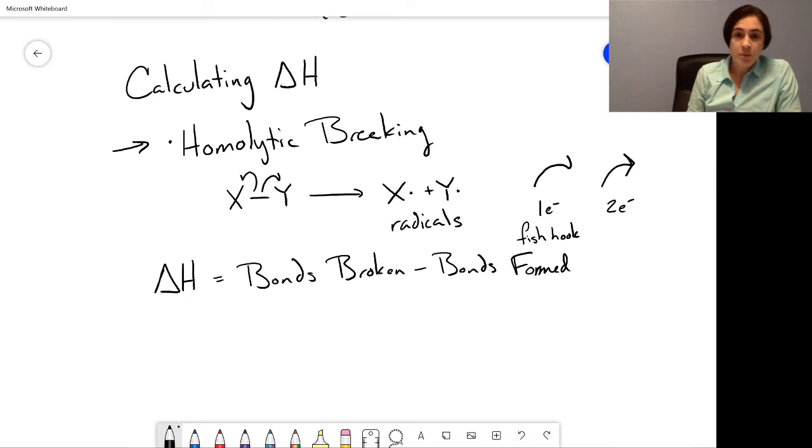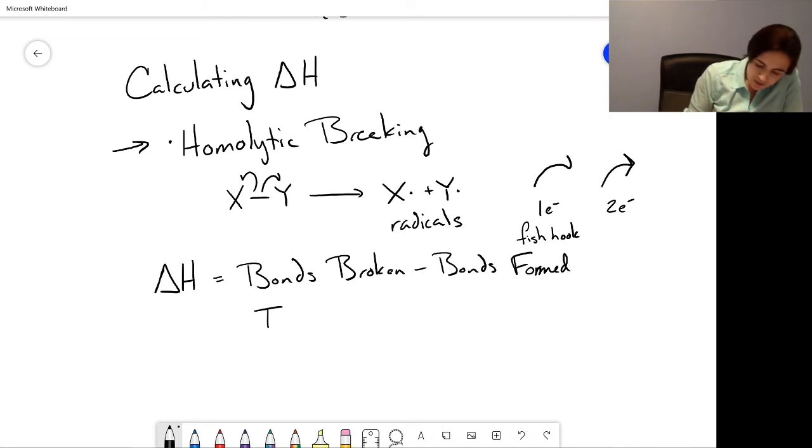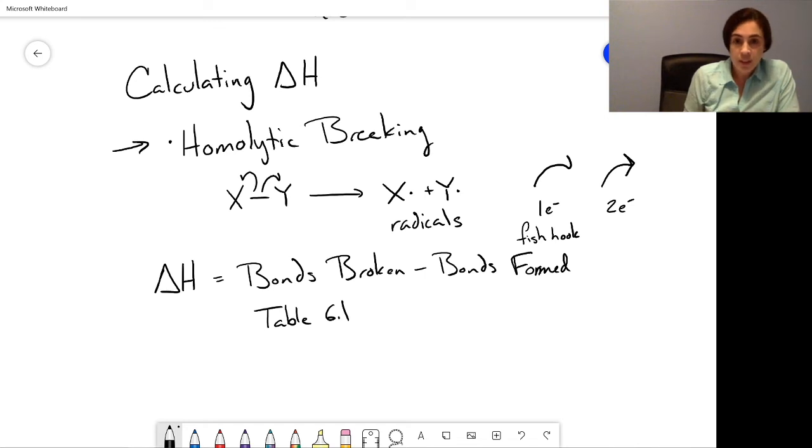If you can't remember, it's alphabetical, broken before formed. This is all in table 6.1 in Klein. Again, you're not expected to be able to memorize these energies. You just need to know how to use them. You'll be provided with any energies you need on exams.